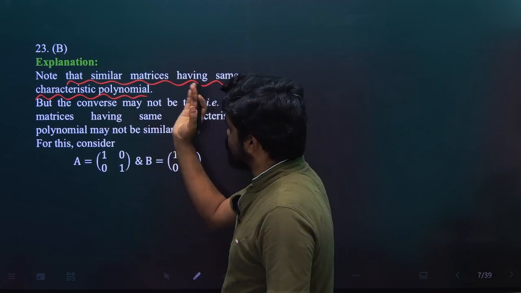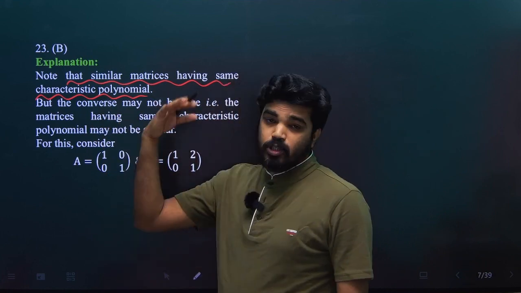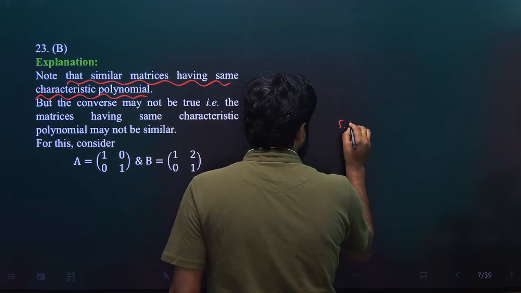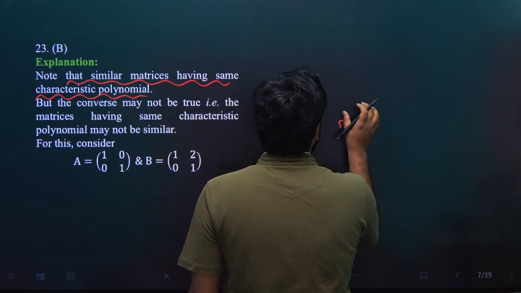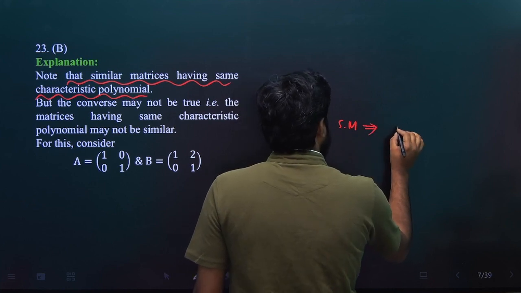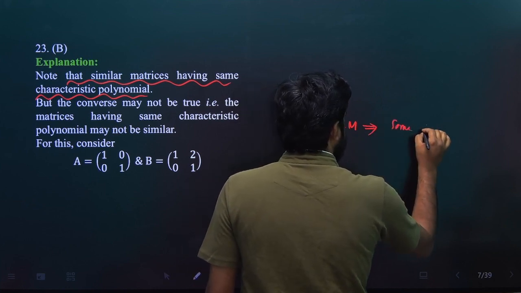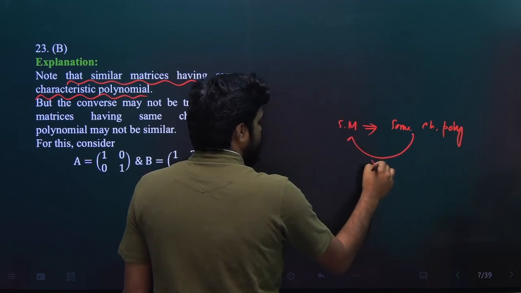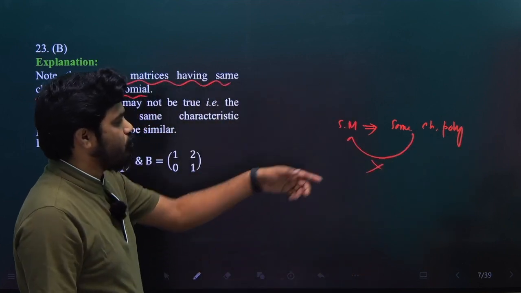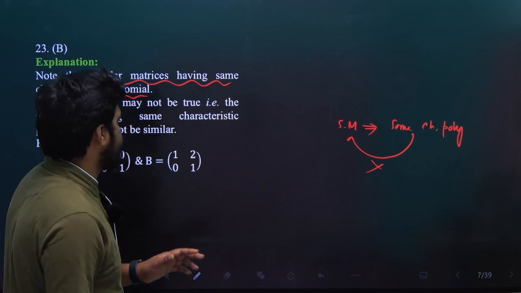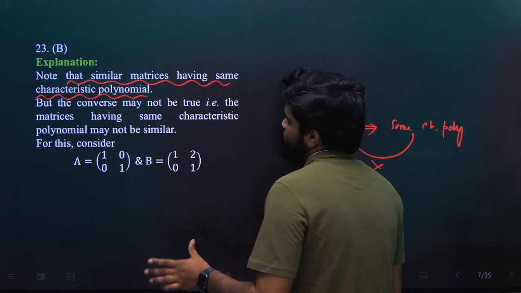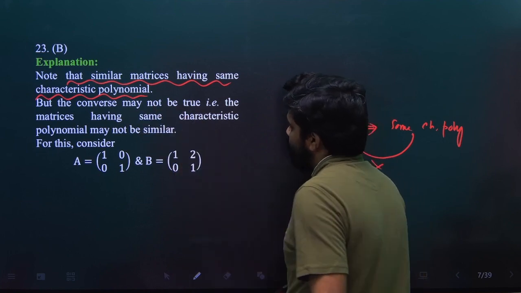That means characteristic polynomials may be equal but the matrices may not be similar.